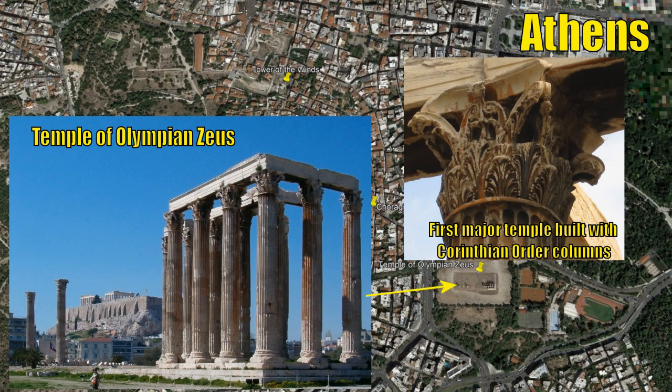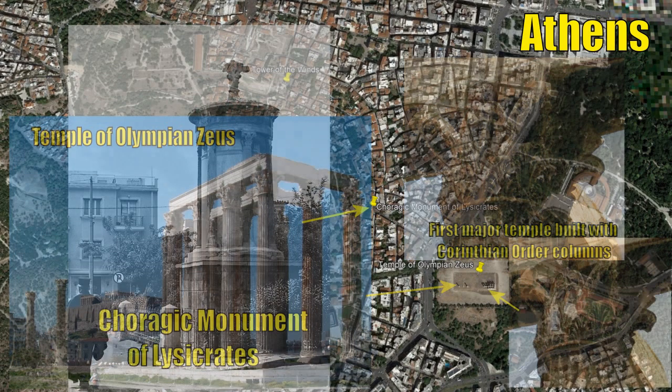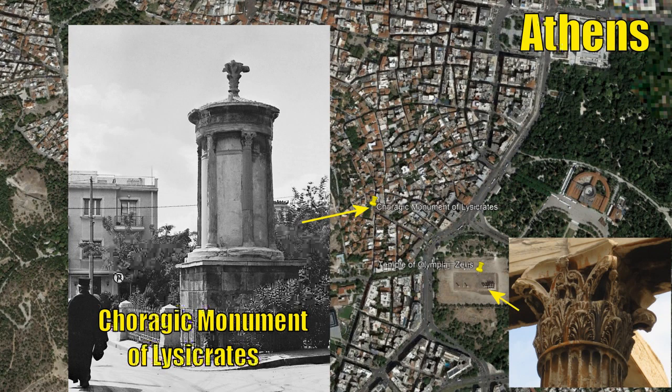The first of those is the Choragic monument of Lysicrates. Here we see, with the arrow pointing to where the Choragic monument is, an older photo of it in the bottom right hand corner. That's the Corinthian order capital on top of the columns in the Temple of Olympian Zeus.